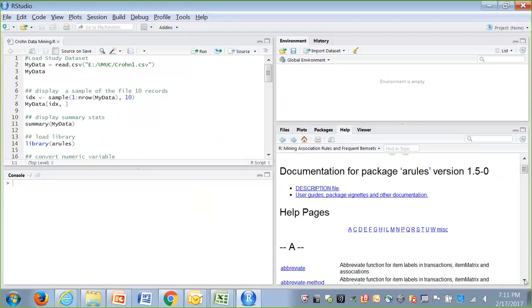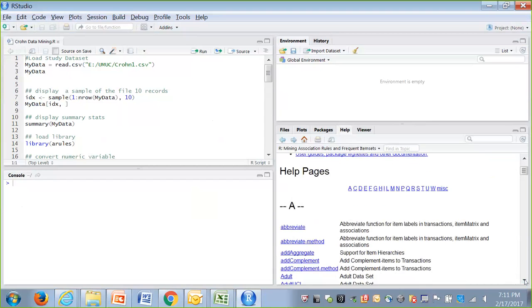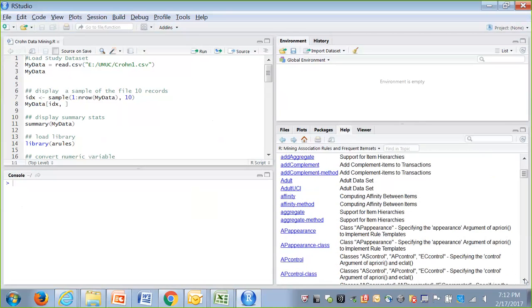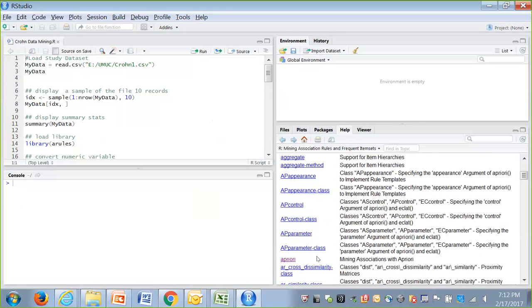There are two packages which are quite important when you're dealing with association rules. One's the arules and the arulesViz package. One does the graphing, one does basically the basic function of the association, and what we're talking about is the Apriori rule, and that's basically this little puppy right here. So mining association with Apriori.